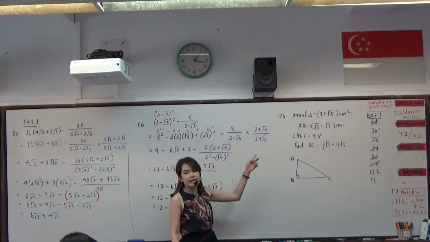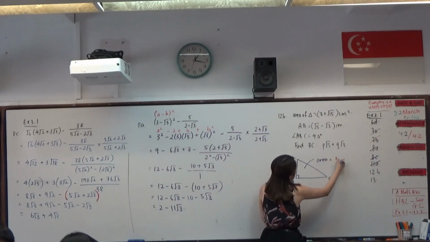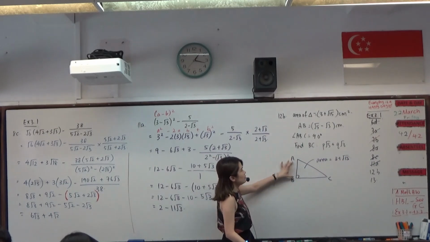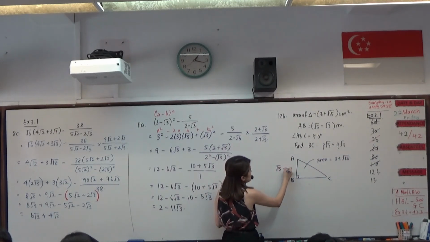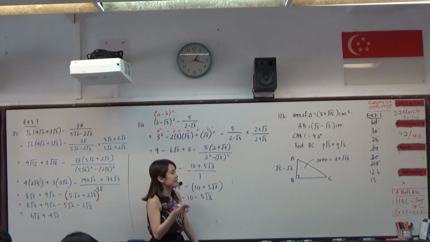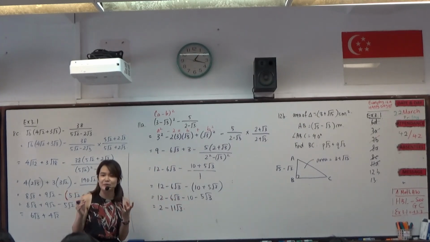Then after that, they gave you area to be 3 plus root 15. And then the length of AB is here in my diagram. That is square root 5 minus square root 3. I hear that you think of right angle triangles and you relate it to Pythagoras theorem.